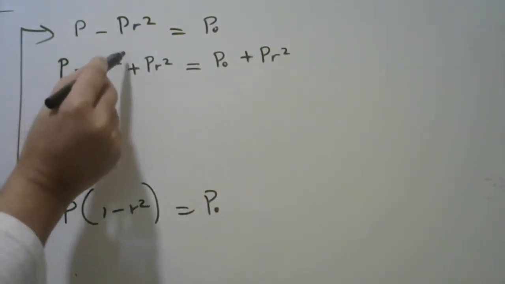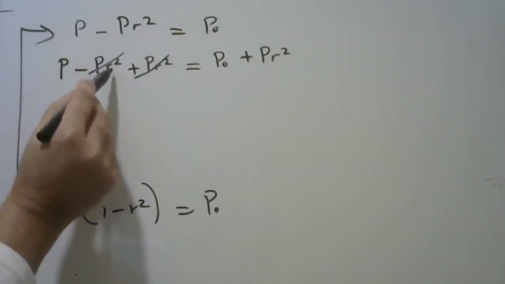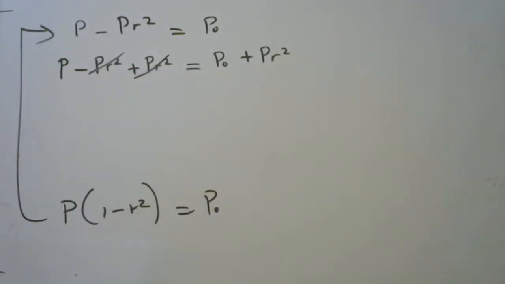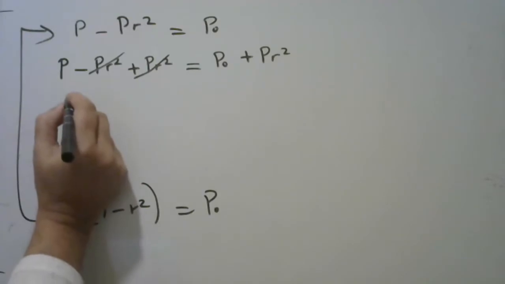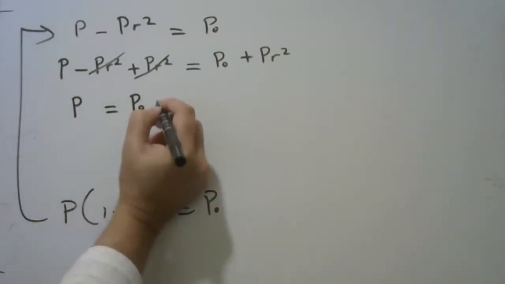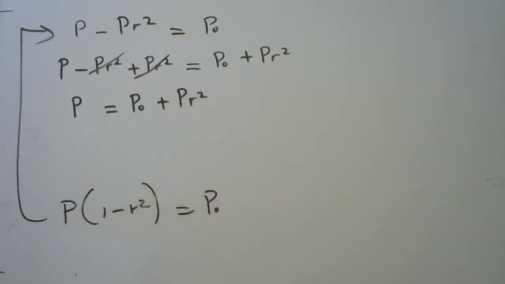This will cancel with this. This is minus PR squared, so we are adding this plus PR squared on both sides. So now we have P is equal to P naught plus PR squared, right?